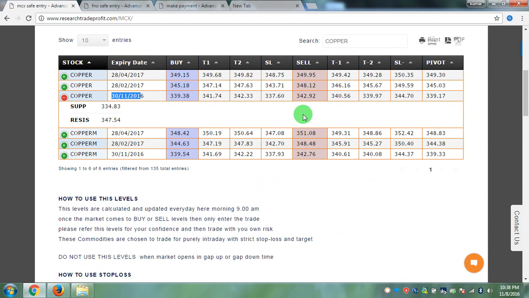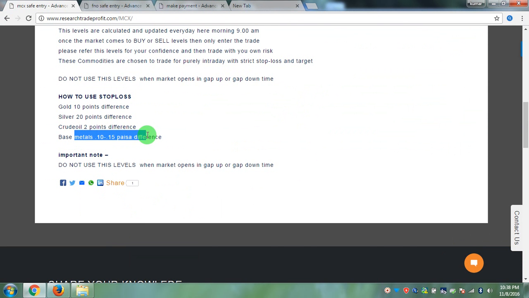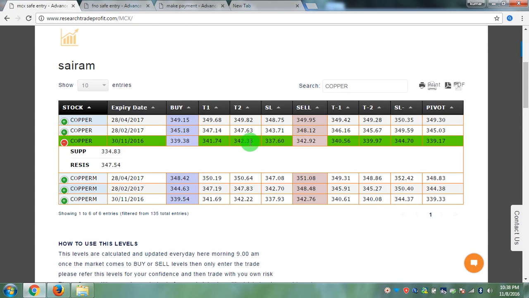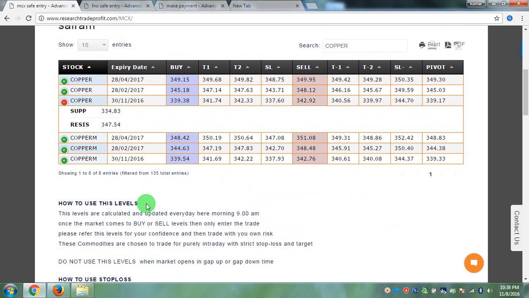Exactly, that was the day low for copper. As I have mentioned on my website, the minimum difference should be 10 to 15 paisa. That means our actual stop loss will come at 337.50 paisa or 45 paisa.